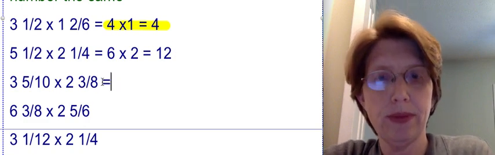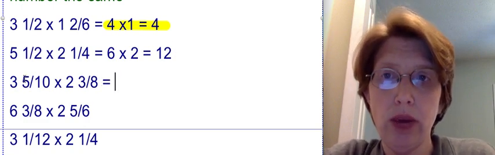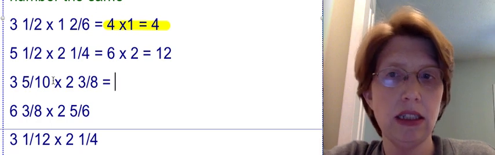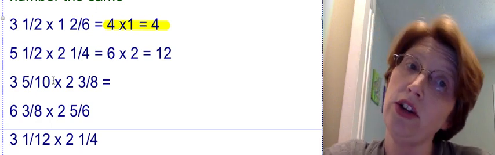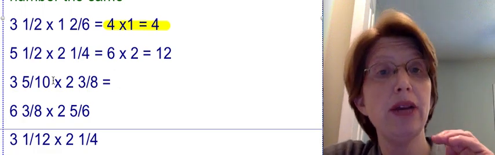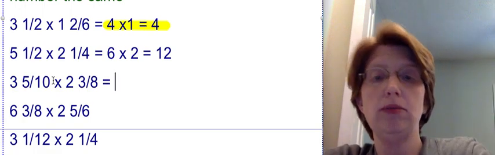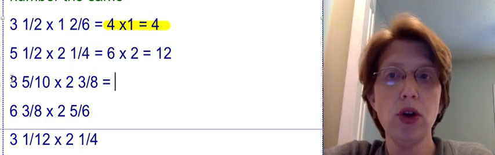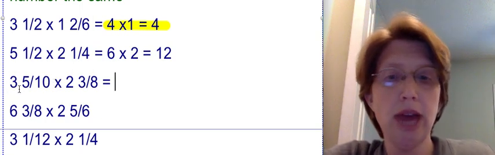Okay, next one. 3 5/10. Ooh, what's another name for 5/10? Half, right? So because that's half, we're going to bump it up to a, here's your whole number. So let's bump up the whole number to a 4.